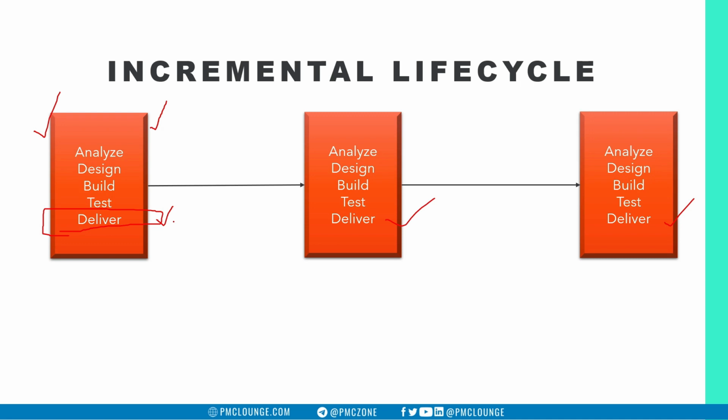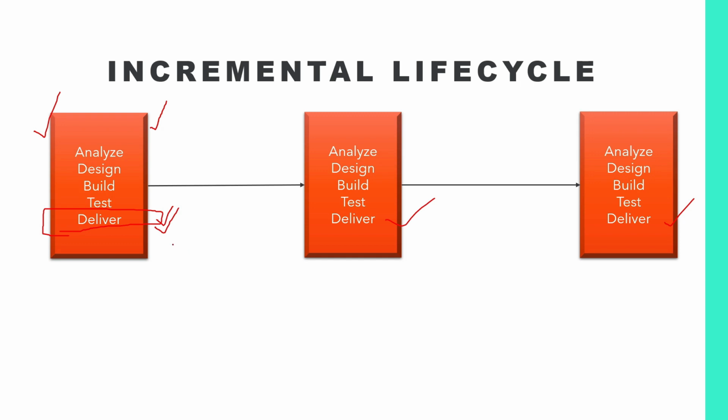So a subset of the overall solution is something that your project team can deliver as part of the first phase or the first increment, right? So you are essentially doing frequent deliveries, as you can see, and you are delivering smaller increments, smaller deliverables. Think of this as delivering new features at each software delivery.